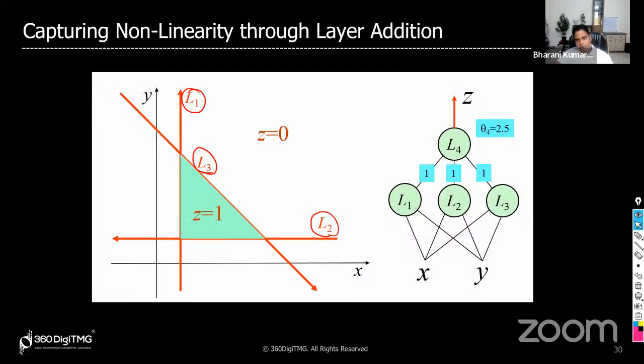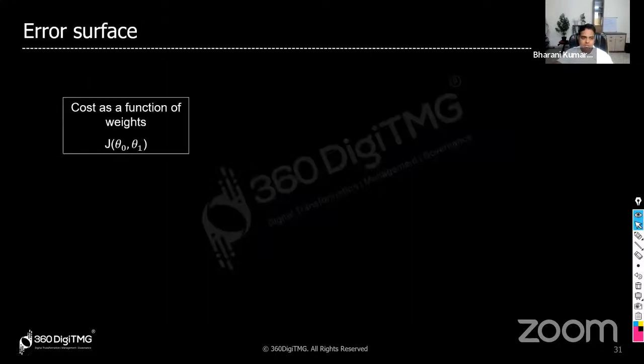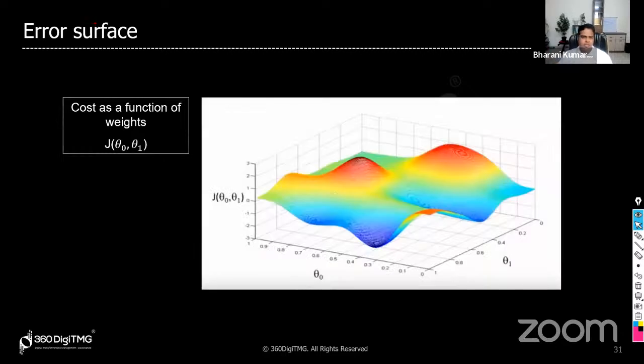Okay, all right. Now let's look at the cost function or the loss function. Sometimes you call it error also, but there is a thin line of difference between error function, cost and loss function. Anyways, we are aware of the difference between loss function and cost function.